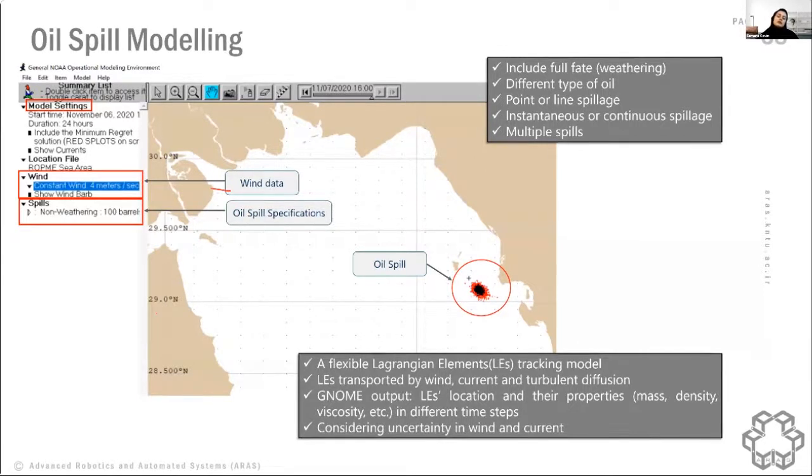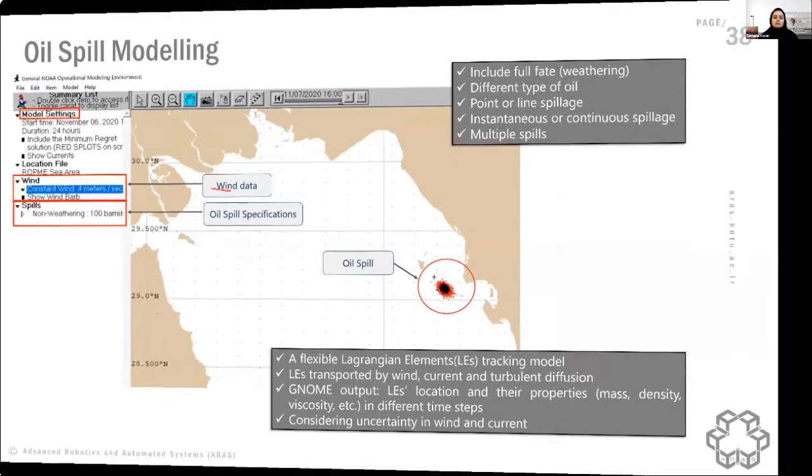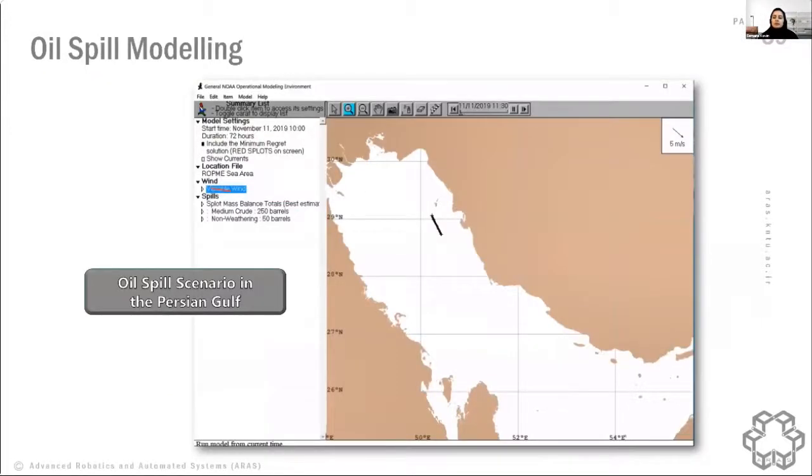In this slide, you can see an animation of an oil spill. This oil spill is near the Abu Zar oil field, which has a high risk.